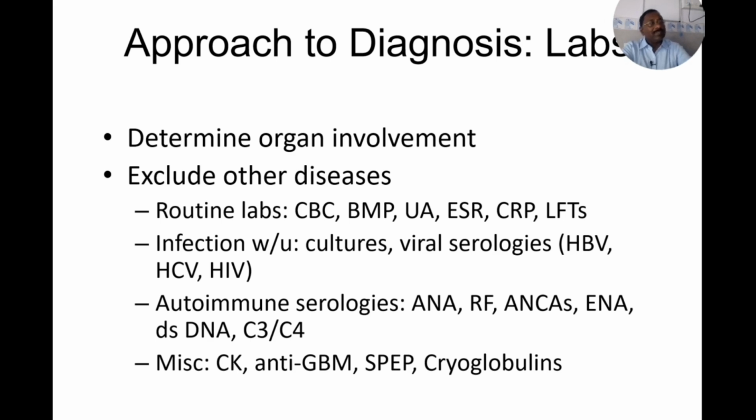So ESR and CRP help you in two ways: initially to know the severity of the vasculitis, and later to de-intensify your steroid therapy or to add immunosuppressive therapy along with the steroids.